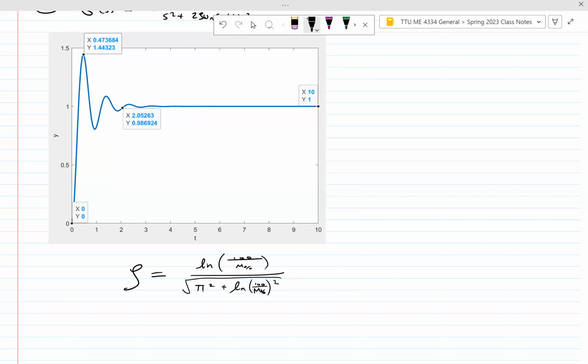You're good. You participated a lot today. 44%, right? The steady state value is 1. This is 1.44, so we're 44% over. Okay, so what do we end up with as our damping ratio in this case?